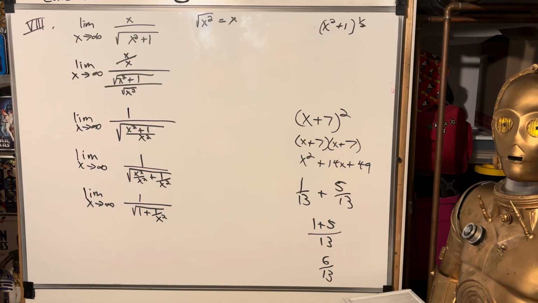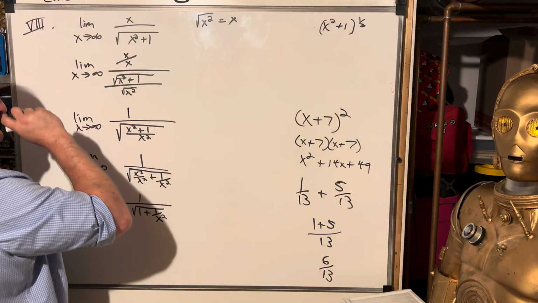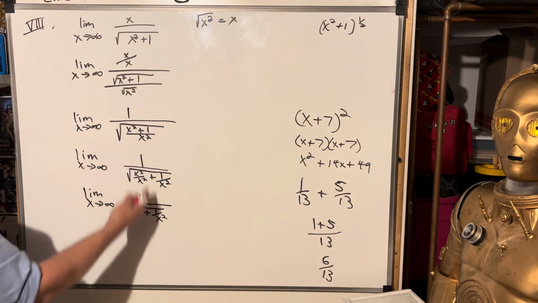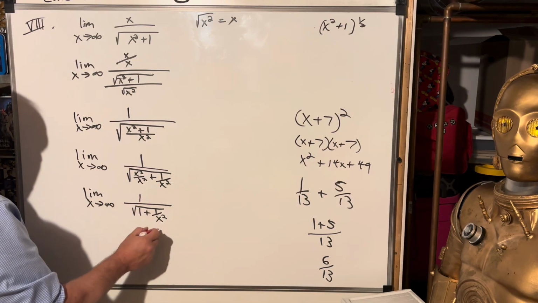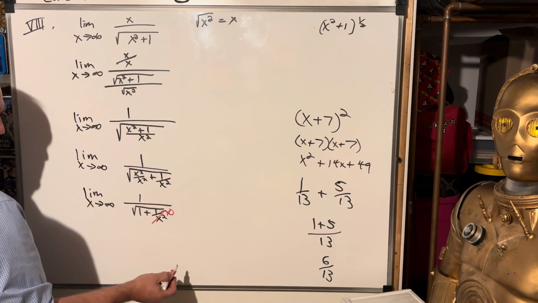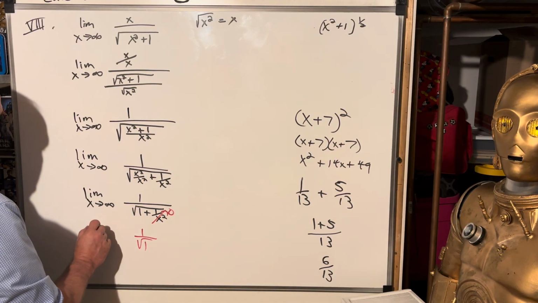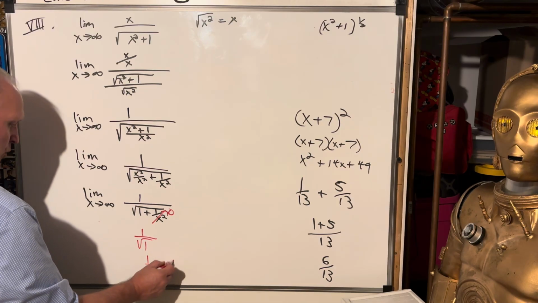Everybody follow that logic? There's another way to do it where you look at this and factor out the square root of x squared. I don't like it. I know this way is a little tedious, but I think it's easier to get your head around. So now the only thing going here is this going to 0. So we have 1 over the square root of 1 when we did the limit, and that is 1 over 1, which is 1.